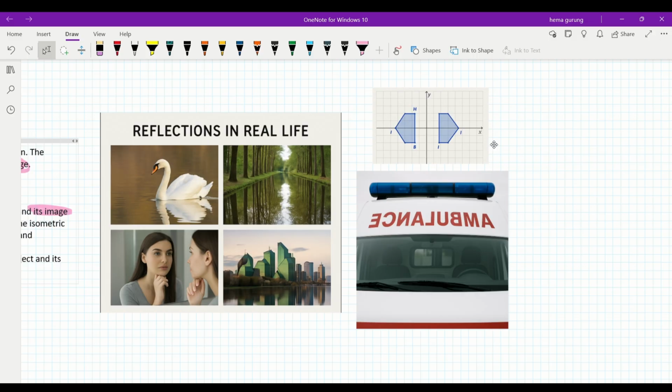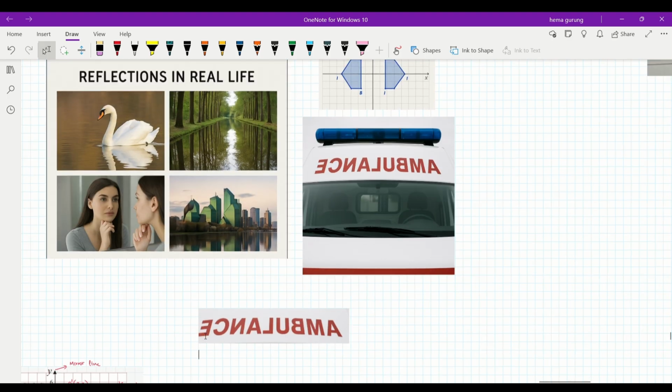Even on an ambulance, have you ever noticed the word ambulance is written in reverse? You know why? This is because it is meant to be seen the right way around in a rear view mirror. I'll show you here. When we flip it, can you see? That's the reflection. This is one of the examples of reflection. See, when I flip it, you'll get the real image.